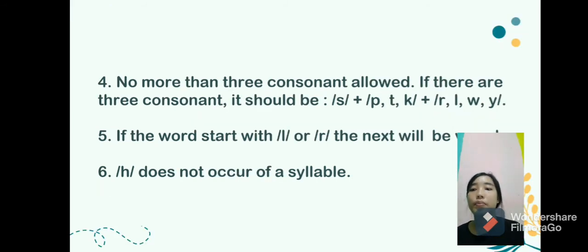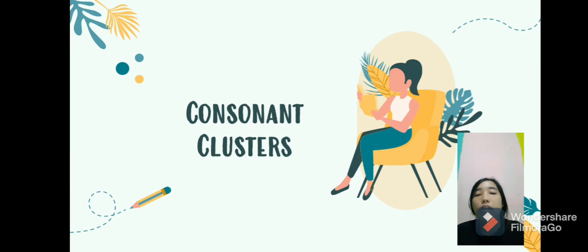The next one, no more than 3 consonants are allowed. If there are 3 consonants, it should follow the formula you see in the slide. And the fifth one is if the word starts with L or R, the next will be a vowel.